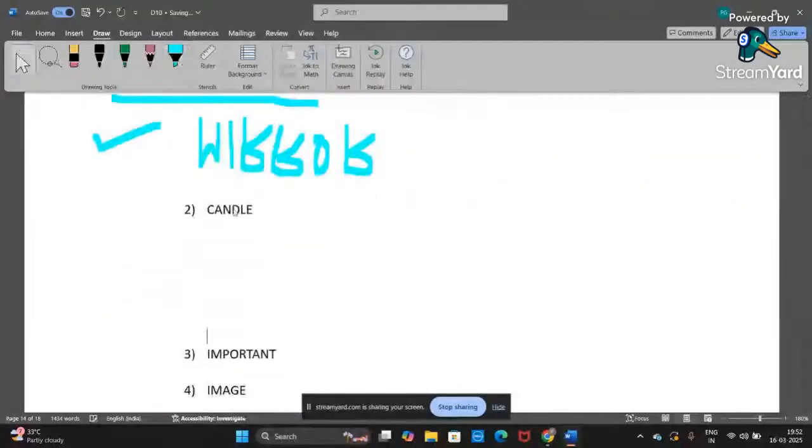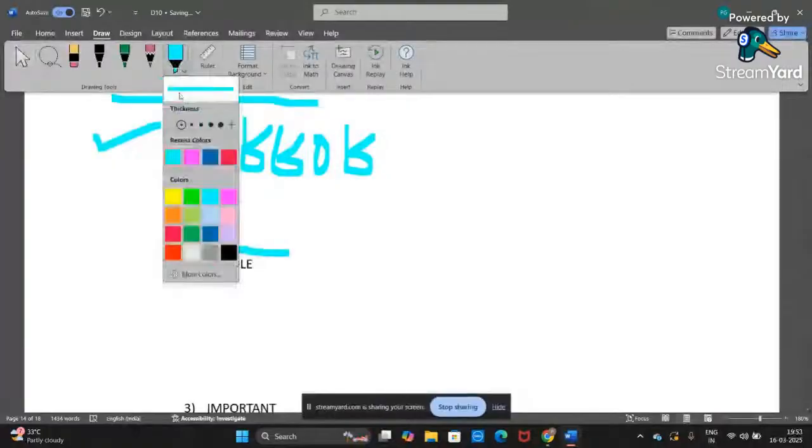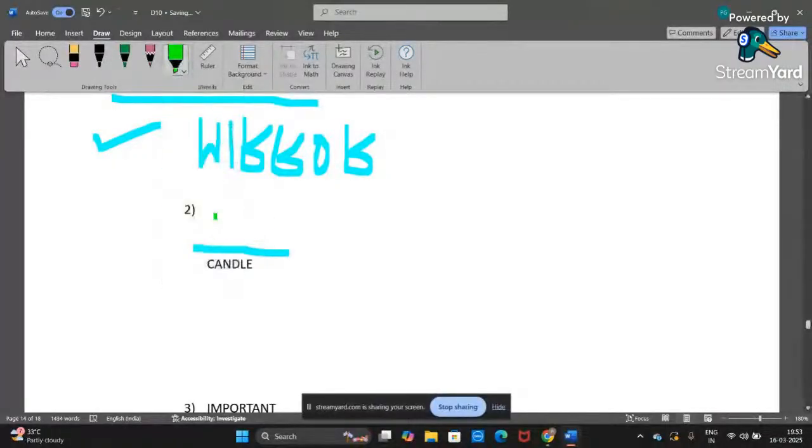Okay, for this, let us find the water image. If the water is here, then the image will look the same.